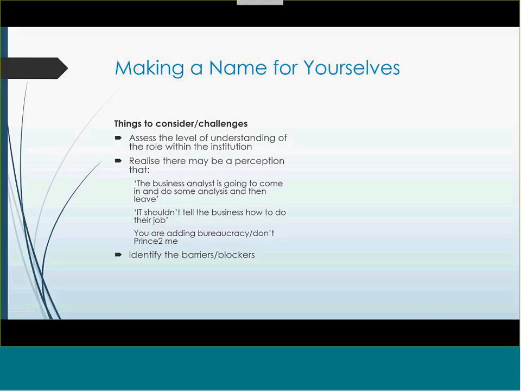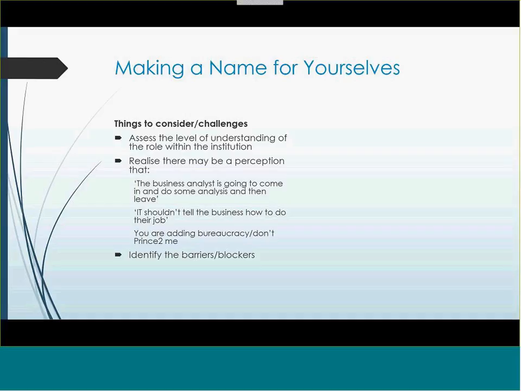IT shouldn't be telling the business how to do their job. Just adding bureaucracy, don't Prince 2 me. Prince 2 is not about business analysis, but people like to label it that way because they know what Prince 2 is, and you're coming in and potentially adding a layer of complexity to the projects.